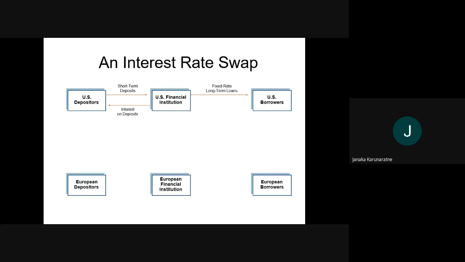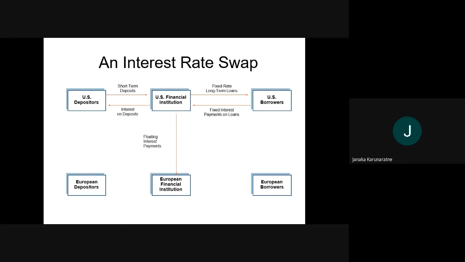US borrowers pay a fixed rate on loans. Okay. So the borrowers pay a fixed interest rate, but the depositors are paid a variable interest rate. So rate sensitive liabilities are more.